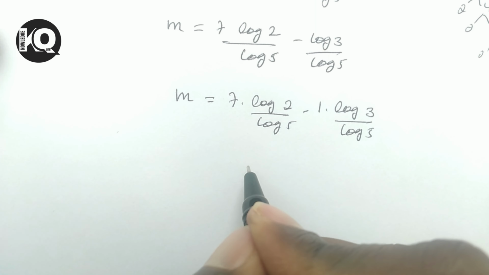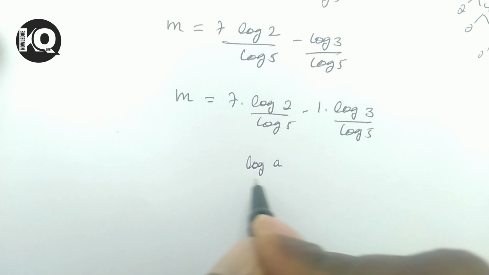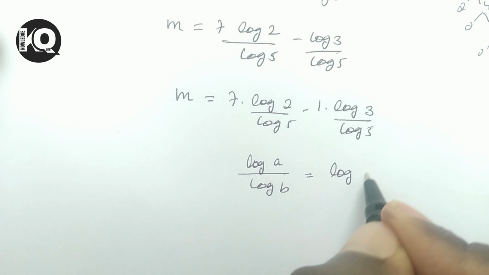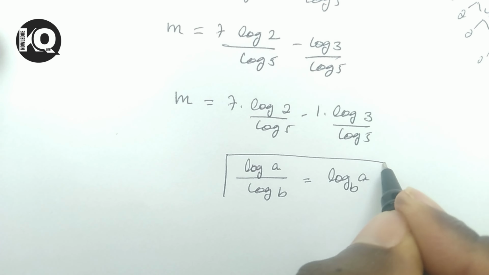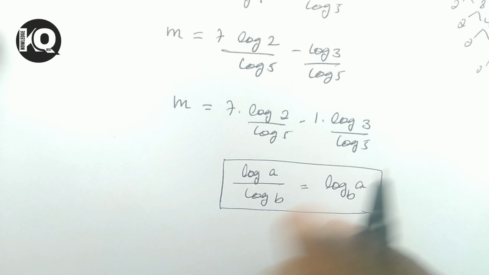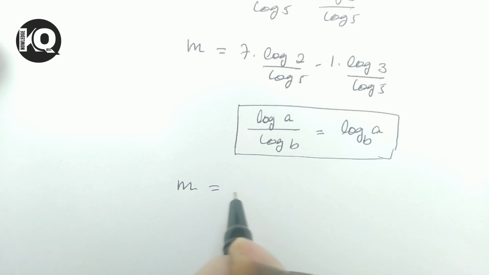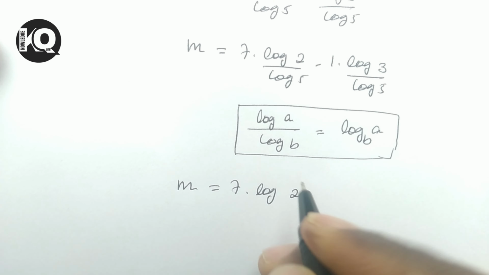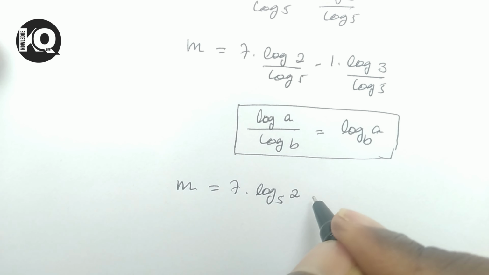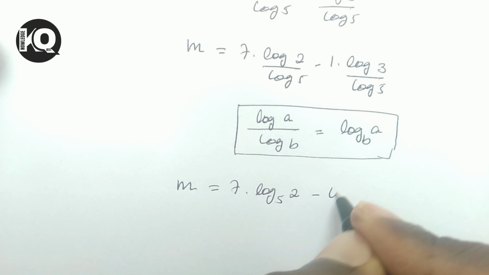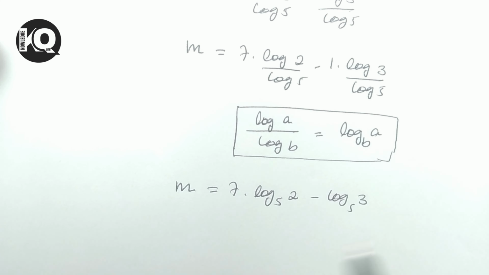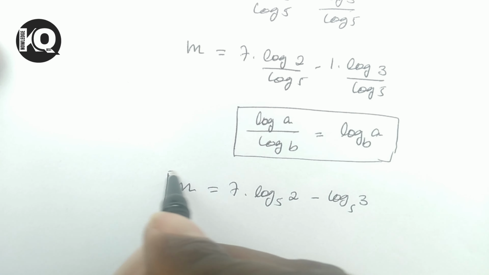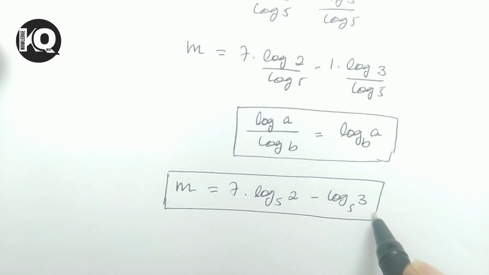Now we know that log of a divided by log of b is equal to log of a to the base b. So let's apply this for both terms. m will be 7 times log of 2 to the base 5 minus log of 3 to the base 5. This will be the final value of m for the given problem.